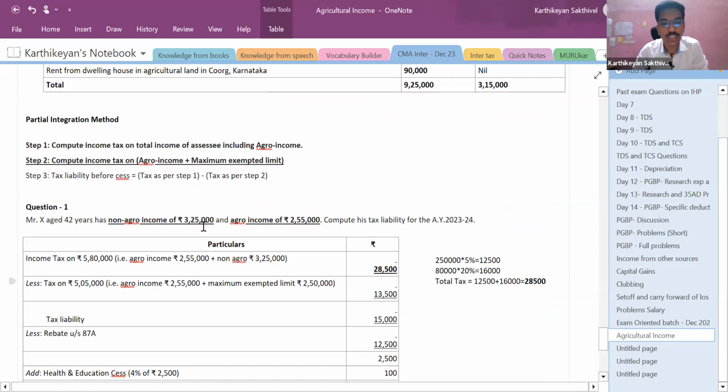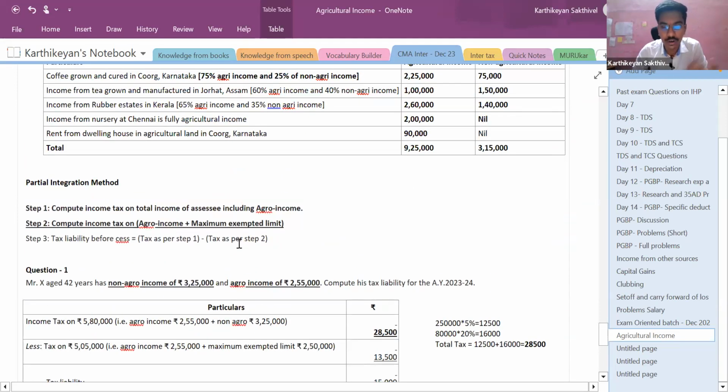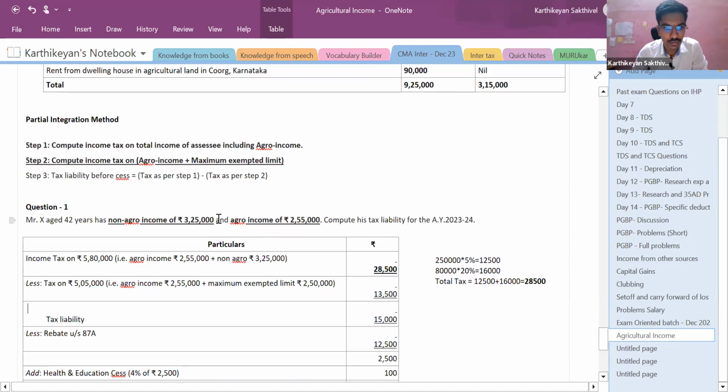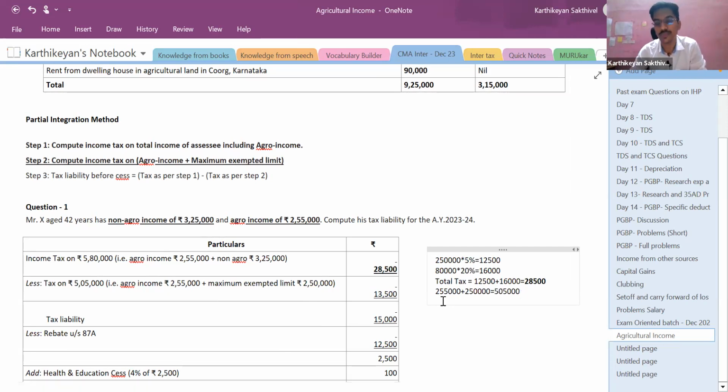Next step, what is my step 2? Take out the other than agricultural income, just take my agricultural income and the basic exemption limit. My agricultural income is 2,55,000 and my basic exemption limit is 2,50,000. The total is 5,05,000. On the first 2,50,000 the tax is 12,500.